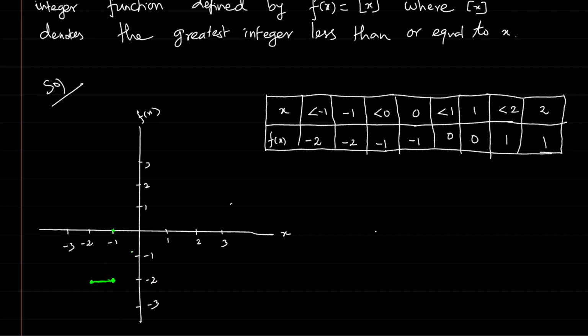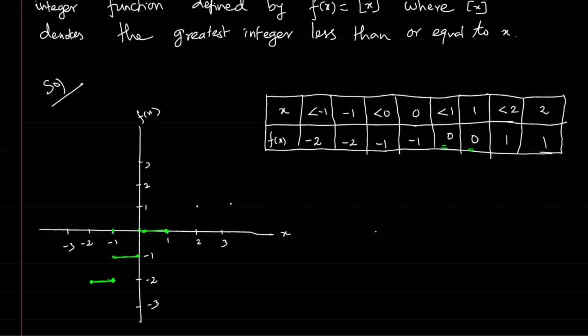Similarly, if you take x is equal to 0, it will take 0, and for values between minus 1 and 0 it will take minus 1. Similarly, if we take x is equal to 1, up to this it will take the value 1, and for values less than 1 the function value will be 0.